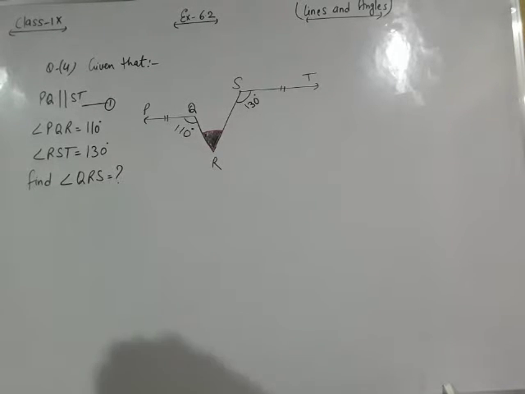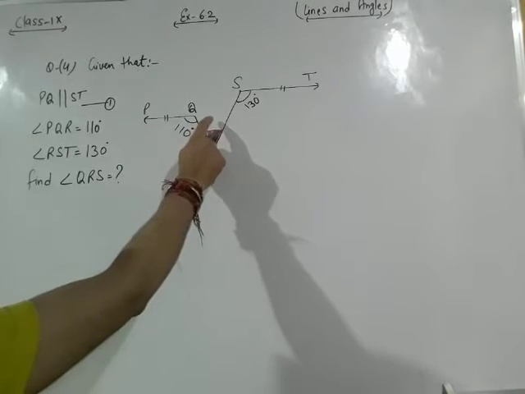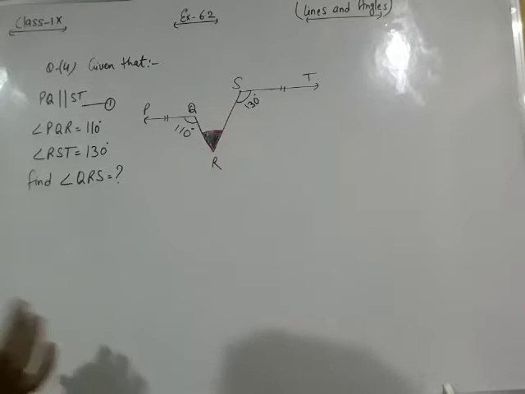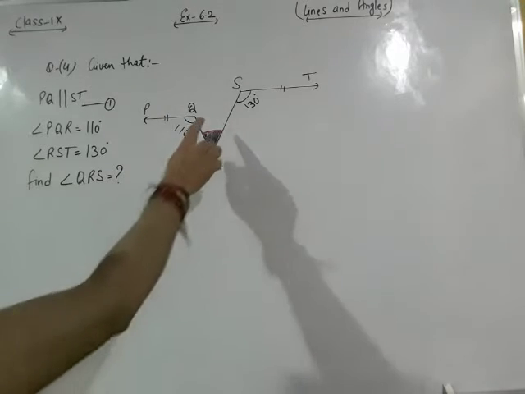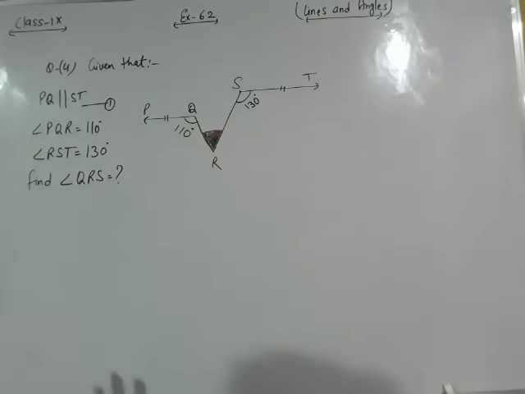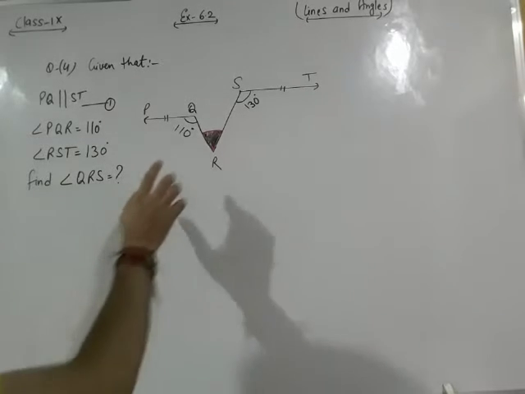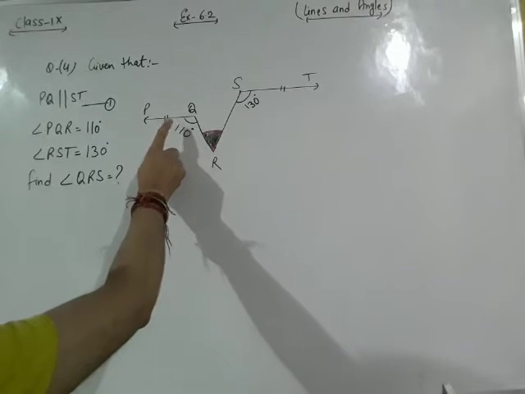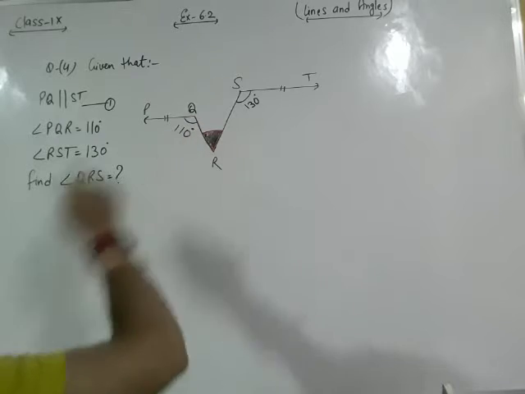Now, first of all, we will try to find the value of this angle verbally. If we want to find this angle, then what can we do? We have to think. No triangle is forming here, so that we can apply angle sum property of the triangle, right? There is no connection between this 110 and this angle.